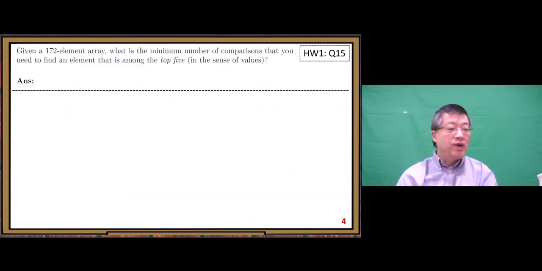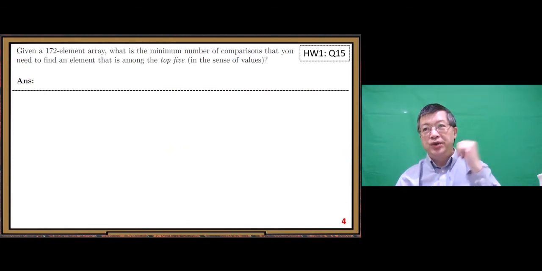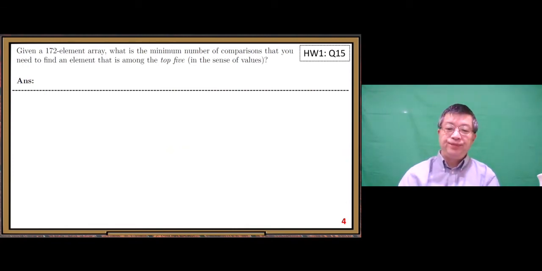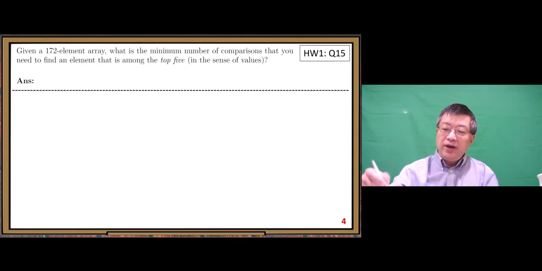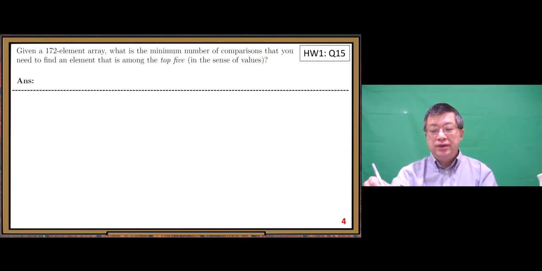So, the last question of this part. I want to show you the method and still give you the hint. Here, the method I like to let you practice is the elimination method.